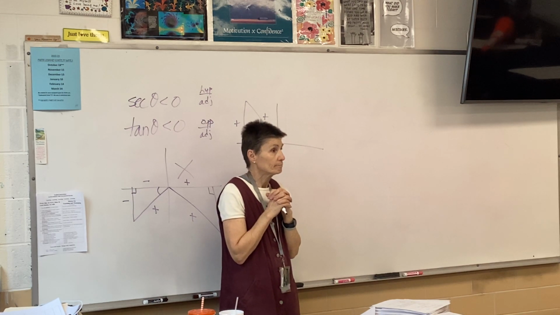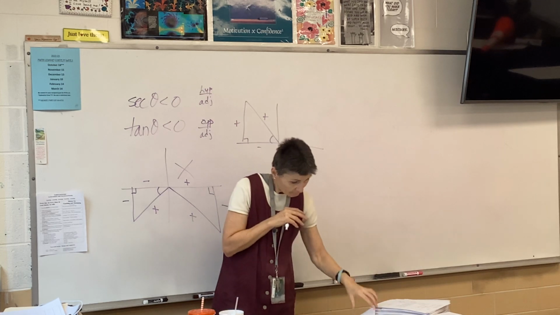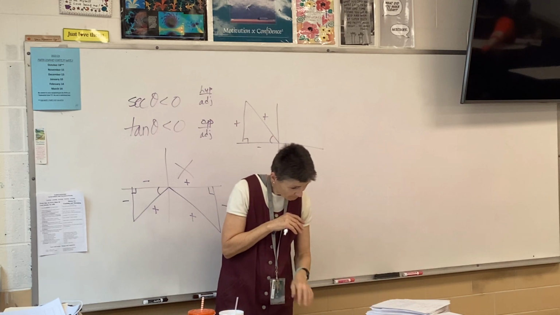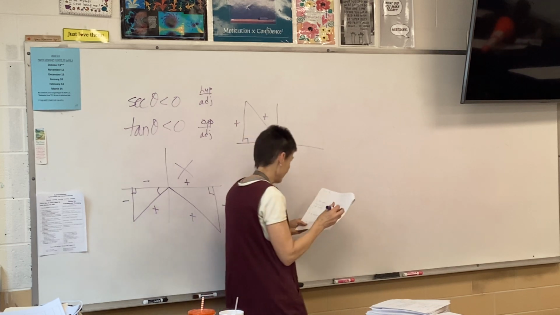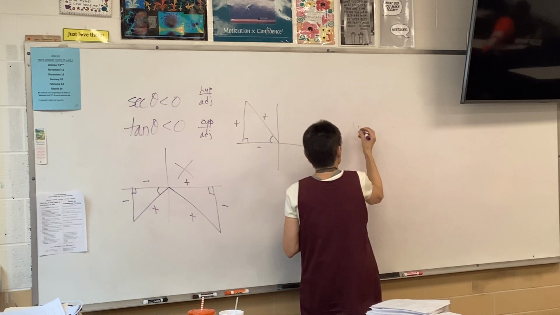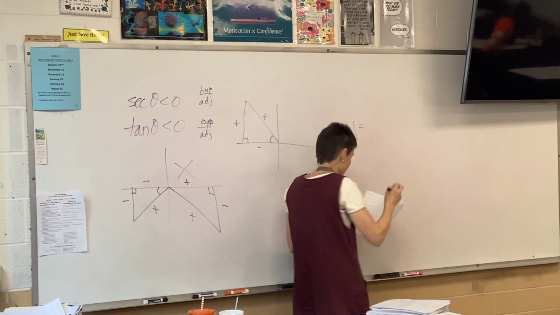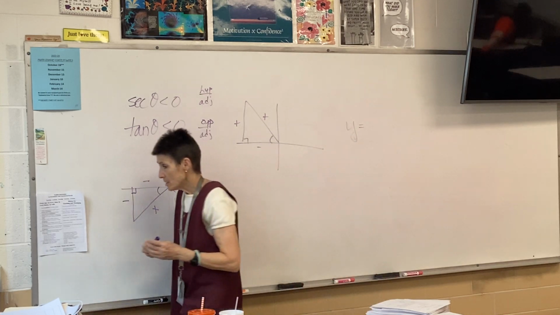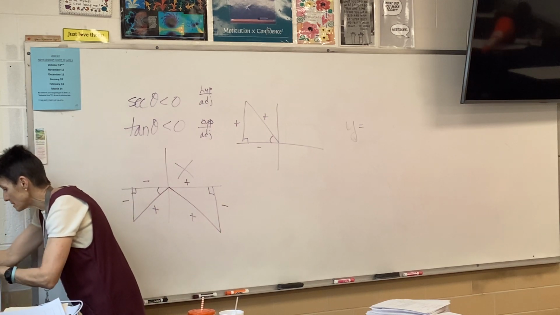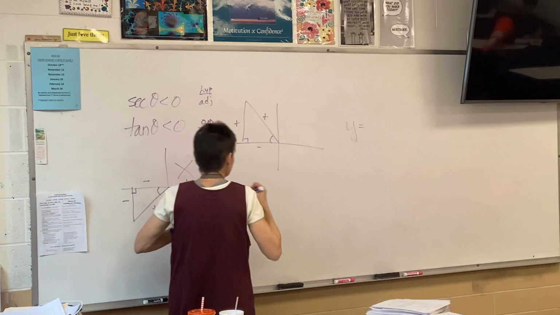Uh, 7, part C, is a graph. And it is a negative cosine. So step 1 is, what's the shape of a negative cosine?